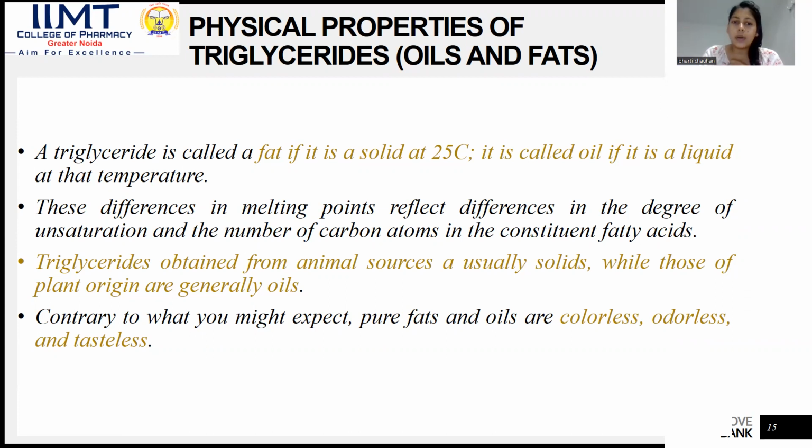The triglycerides obtained from animal sources are usually solid, while those of plant origin are generally oil. So, if we speak of animal fat and vegetable oil, we never say animal oil or vegetable fat.